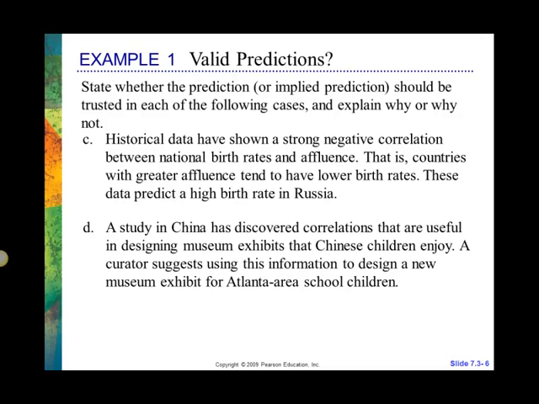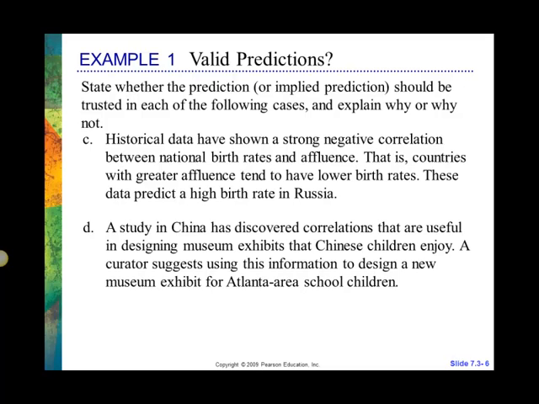D, here we have China, and we're looking at correlations that are useful for museum exhibits that Chinese children enjoy. So would that make sense for an Atlanta school museum?